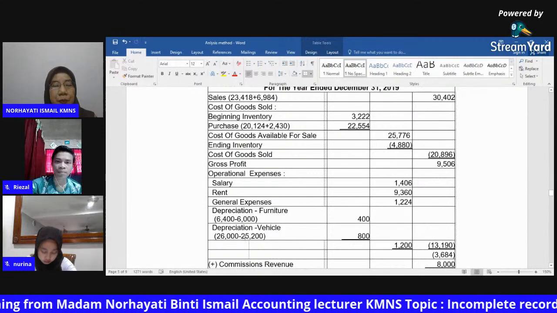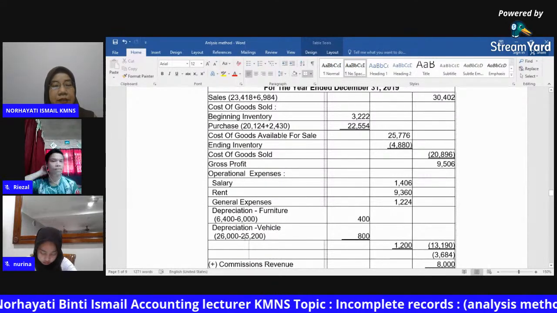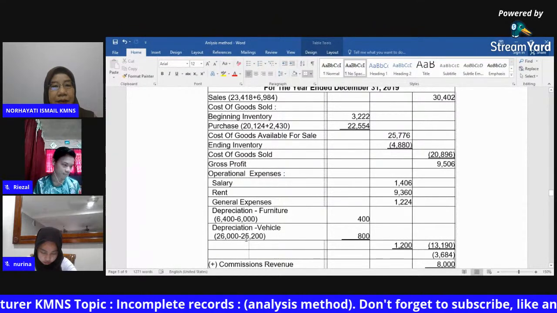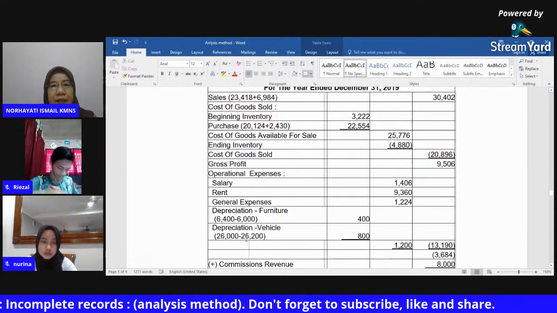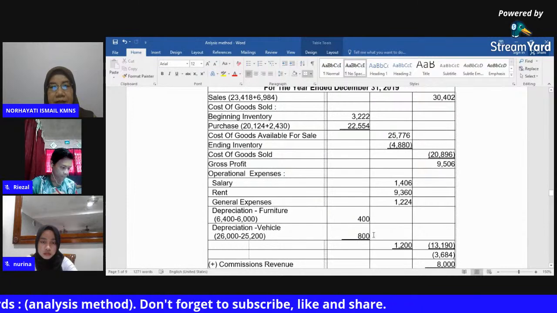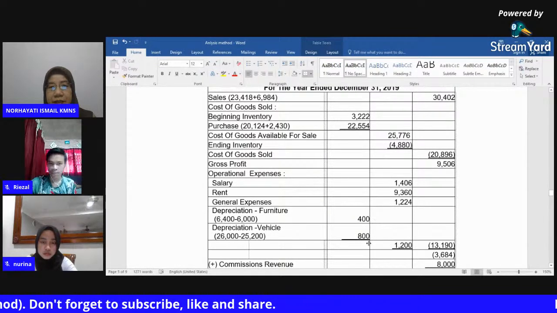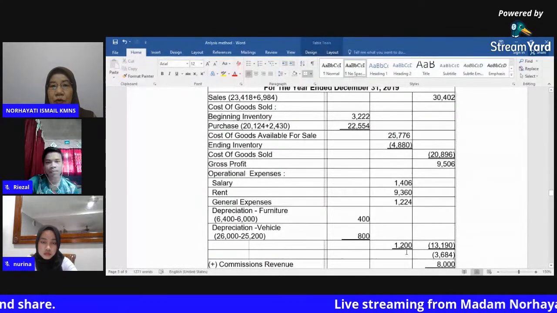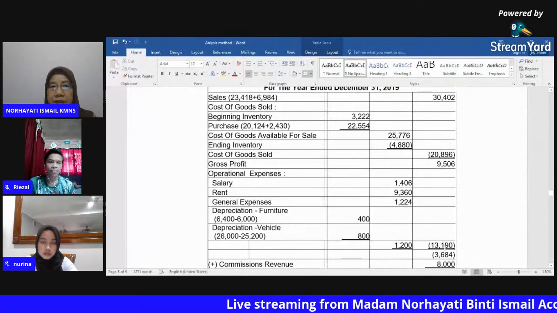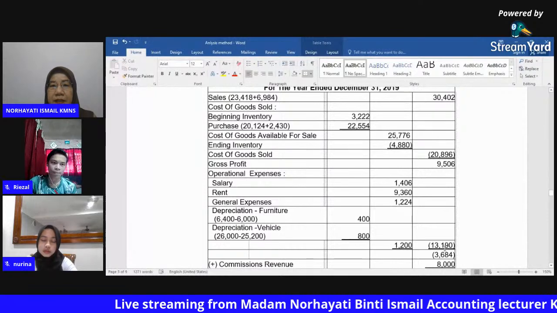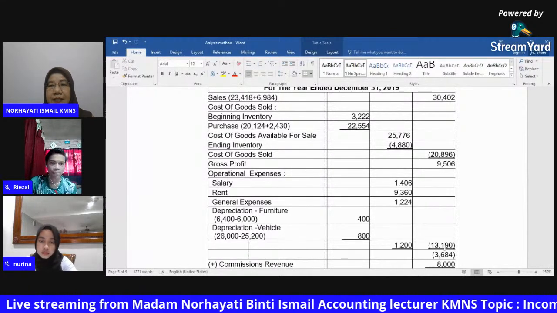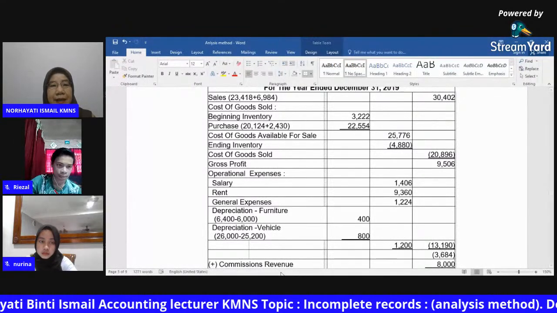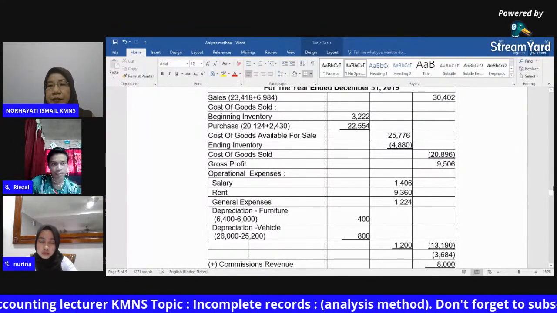And also for vehicle, 26,000 the beginning less the ending 25,200, and you got 800. So the total for depreciation is 1,200, and the total for operational expenses 13,190. So don't forget we must add the commission revenue.